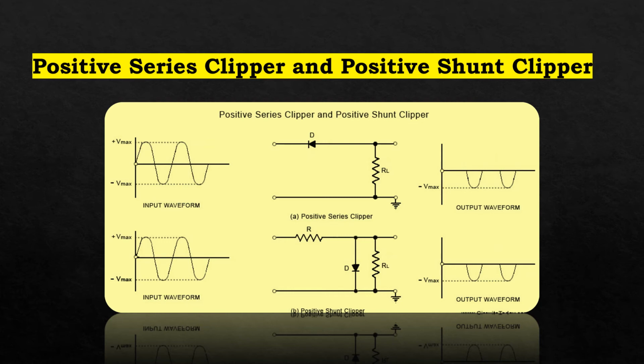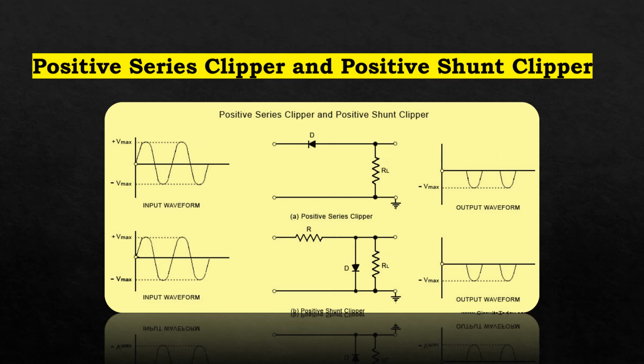During the negative half cycles of the input signal voltage, the diode D is reverse biased and behaves as an open switch. In the positive shunt clipper, the entire input voltage now appears across the diode or across the load resistor RL if R is much smaller than RL.